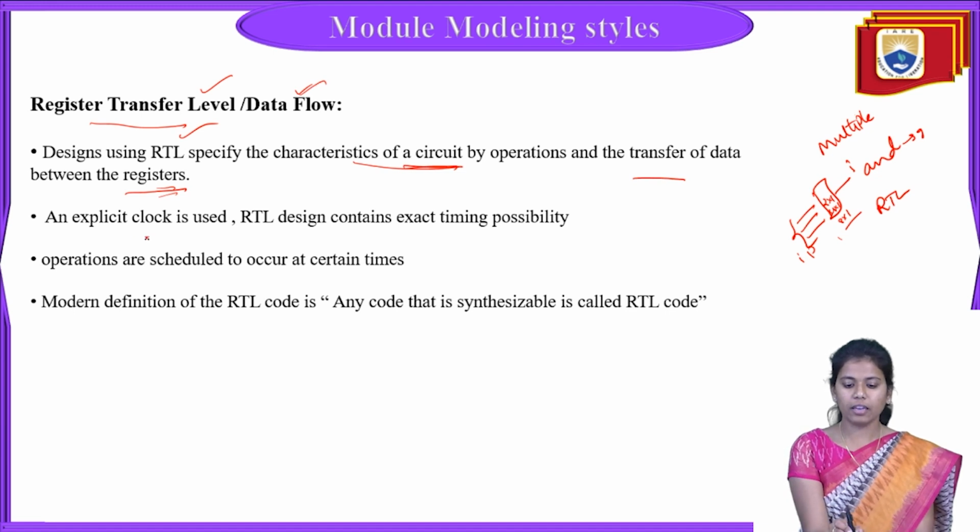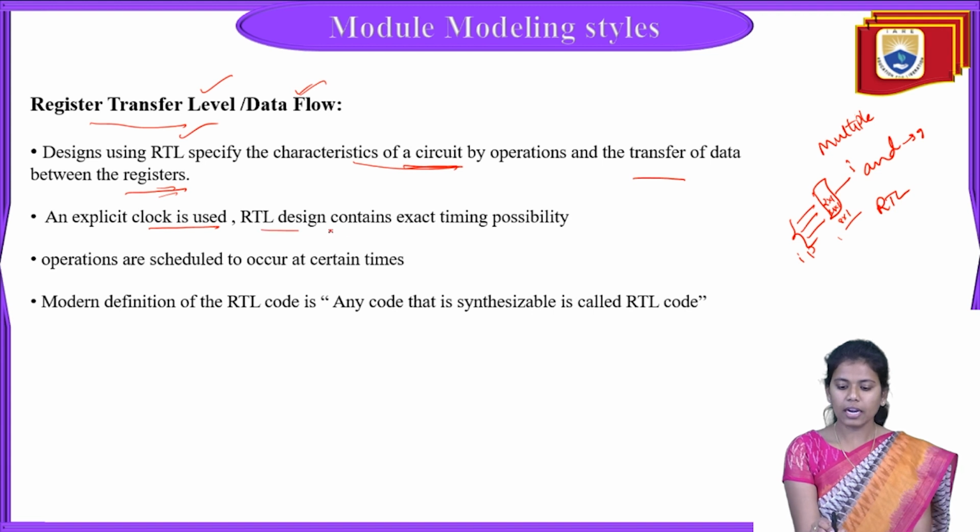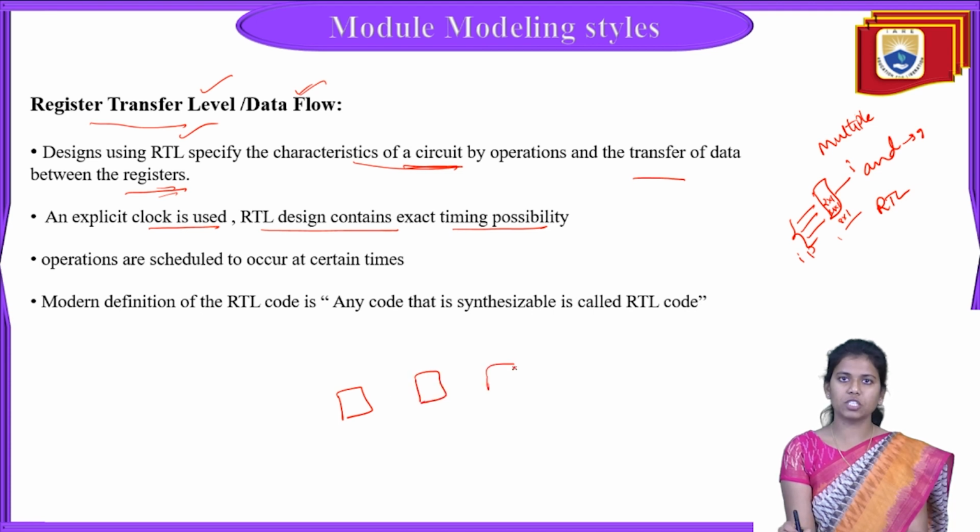Next, an explicit clock is used because an RTL design contains exact timing. As I said, the transfer of data can be carried out from one register to another register, so a clock is used. That means the data from register R1 is to be transferred to register R2 within 1 nanosecond.